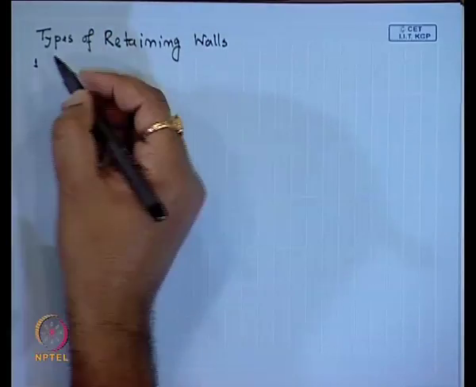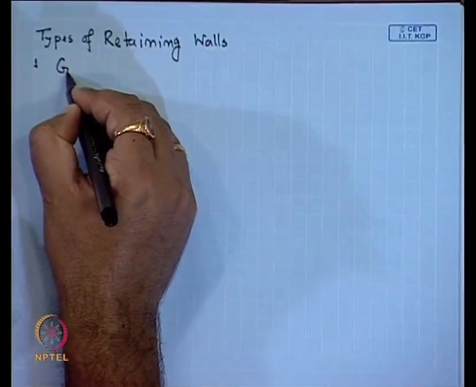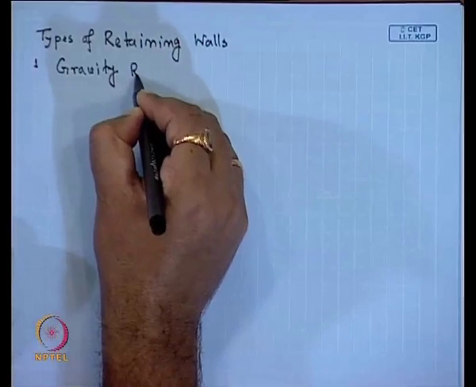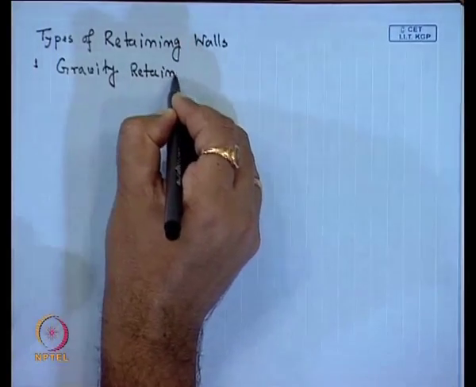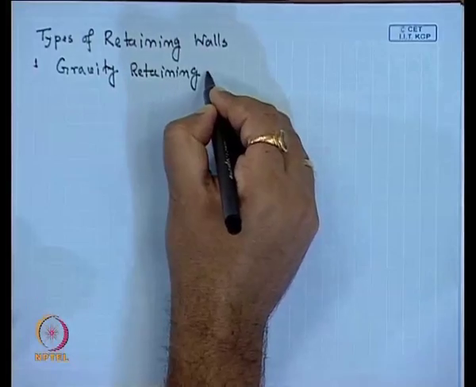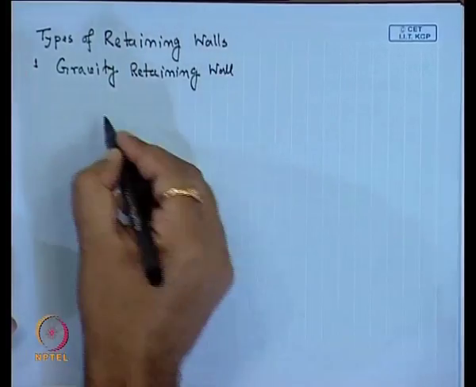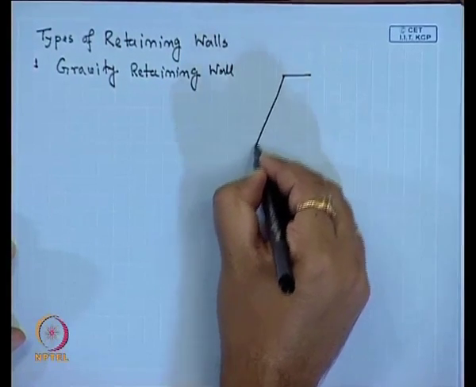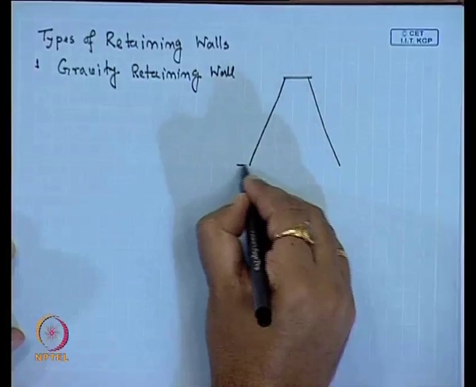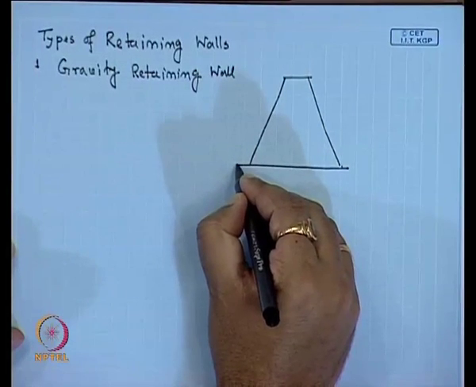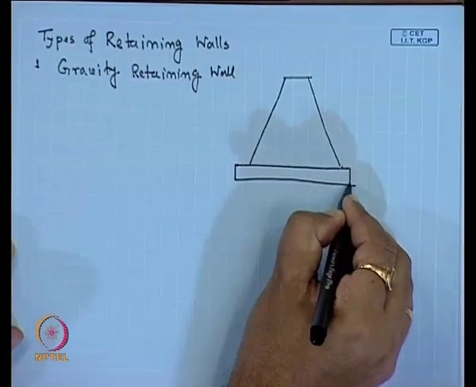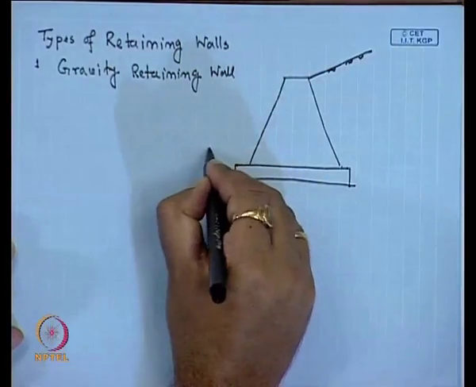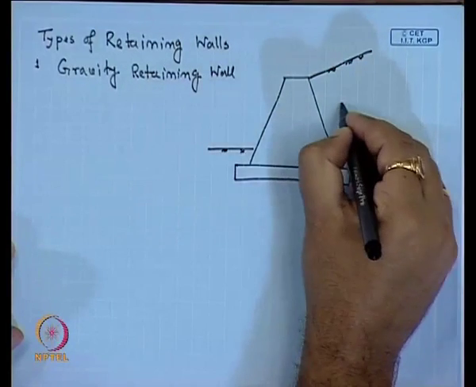The first one is the gravity retaining wall, where we can go for this type of arrangement. This is the ground surface, and this is the filling material.